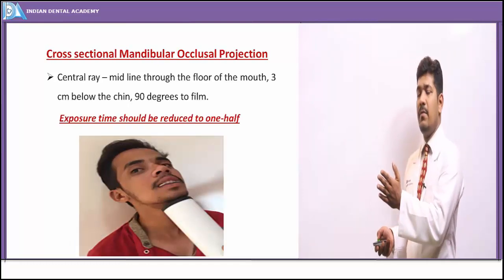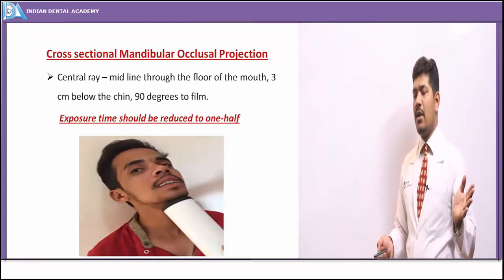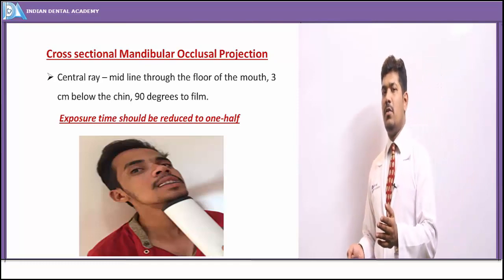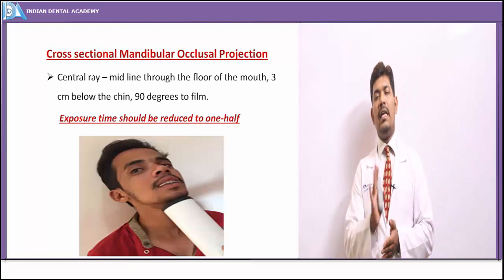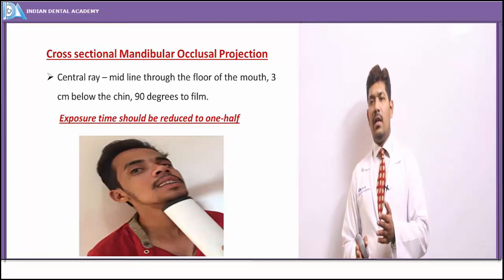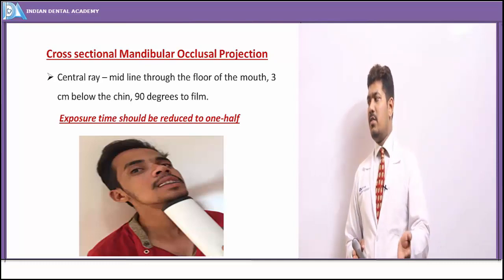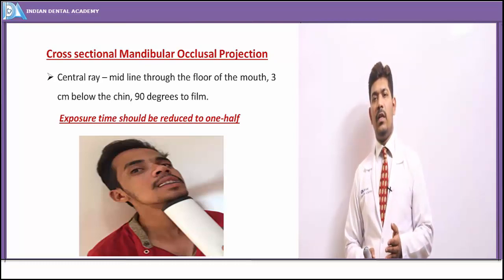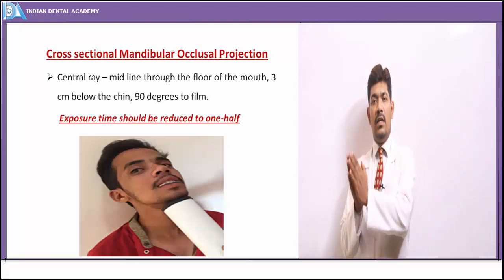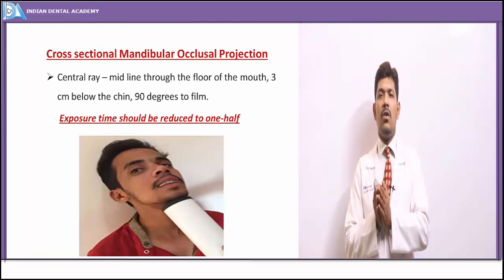Now similarly, we have the cross-sectional variant of the mandibular occlusal, wherein we take a total cross-sectional plane of the entire mandibular arch, just like in maxillary projections, and then we see the occlusal tables of the teeth present over here and the surrounding structures, the lingual cortical plates, the buccal cortical plates.